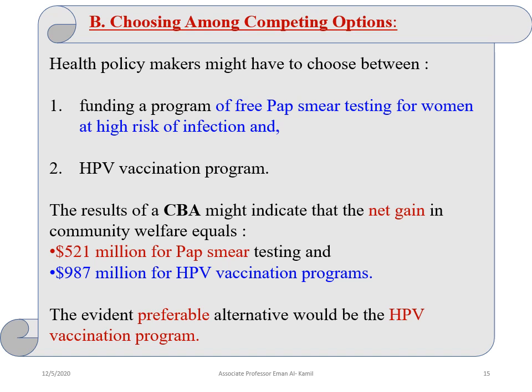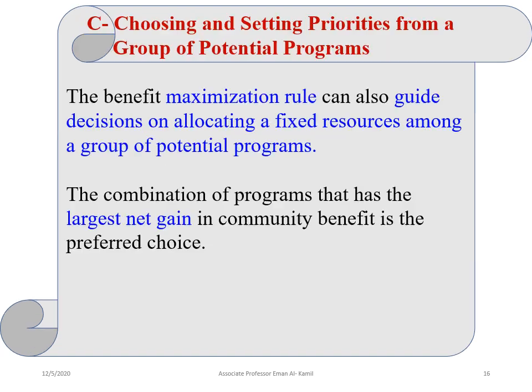So it is evident that the preferable alternative, according to the calculation of the cost-benefit analysis, is to use the vaccination, the human papilloma vaccine, rather than using the smear.